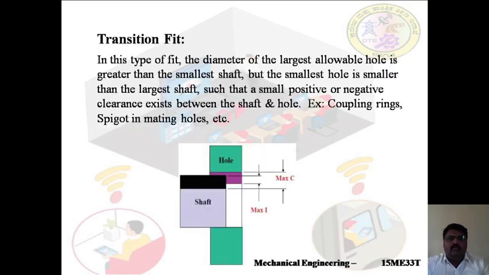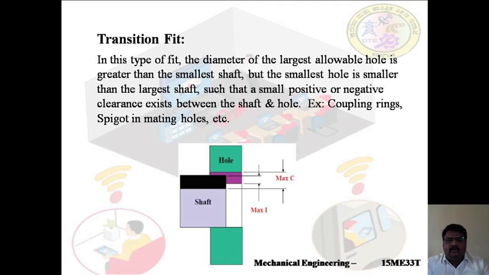And now we have the third type of fit, that is the transition fit. In this type of fit, the diameter of the largest allowable hole is greater than the smallest shaft, but the smallest hole is smaller than the largest shaft, such that a small positive or negative clearance exists between the shaft and hole.